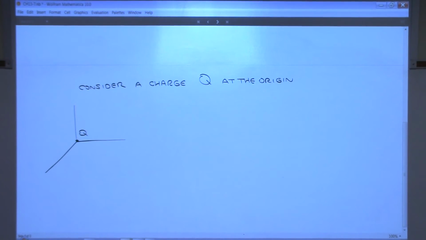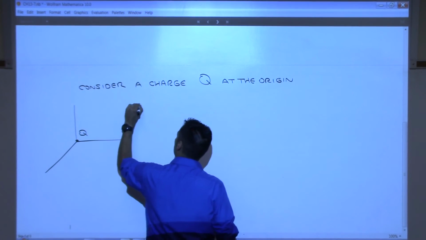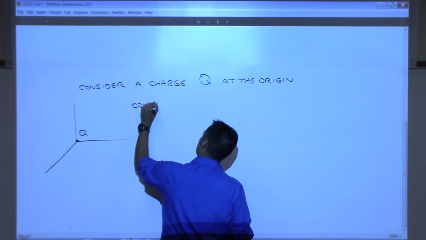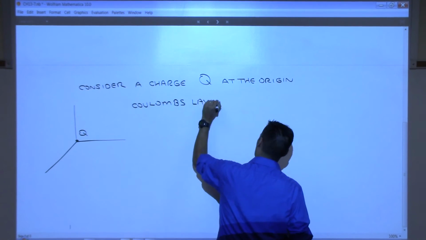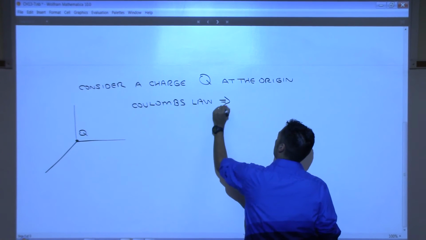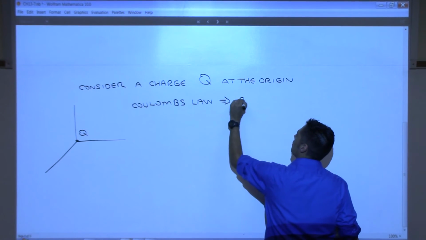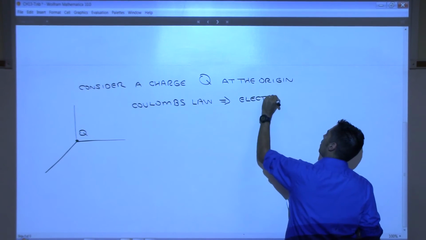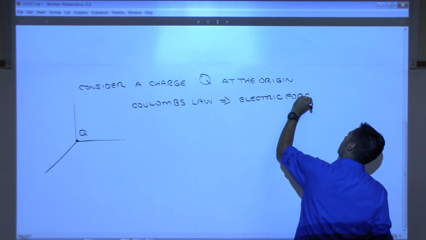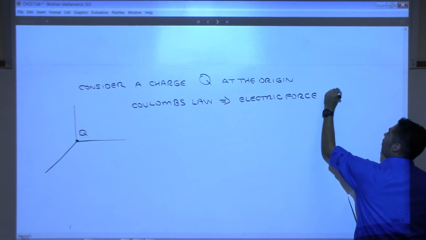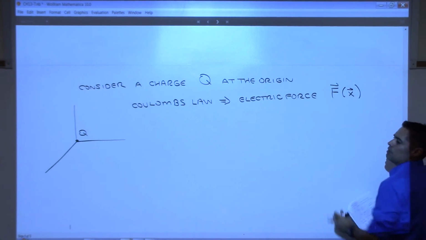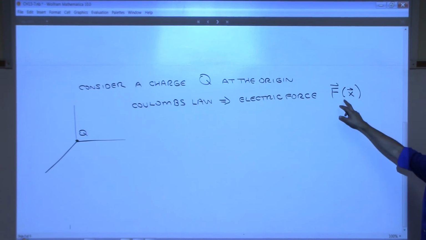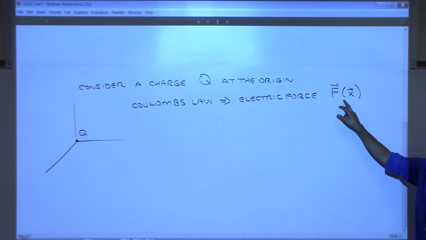When you take a physics class, they will tell you, due to Coulomb's law, that the electric force, which we will call F of x, is a field.